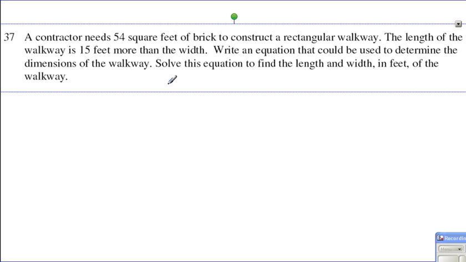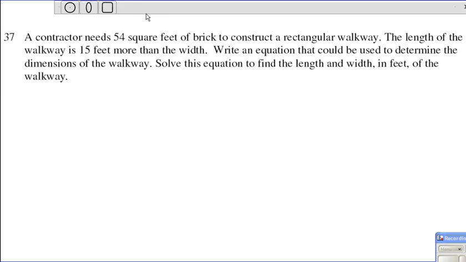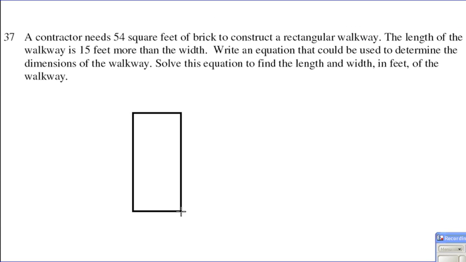The contractor needs 54 square inches of the brick construction, the rectangular walkway. So let's just think about some sort of rectangular walkway. Here, area is 54. The length of the walkway is 15 feet more than the width.